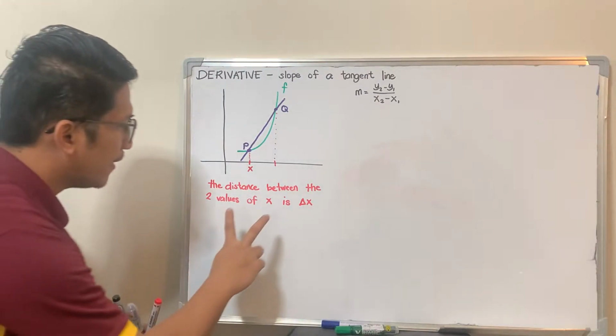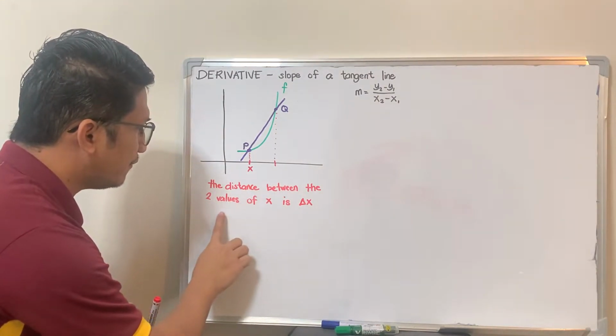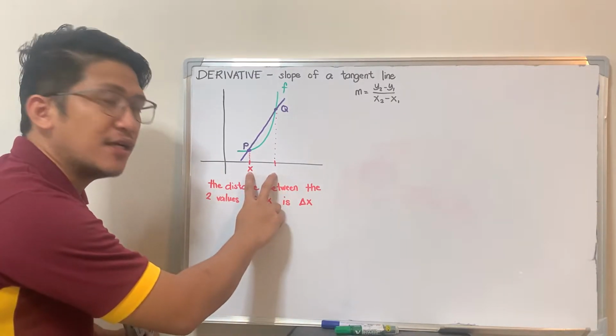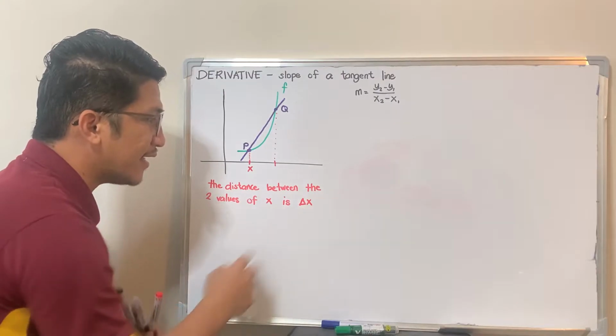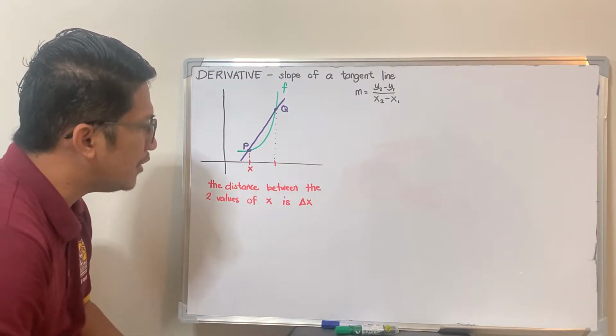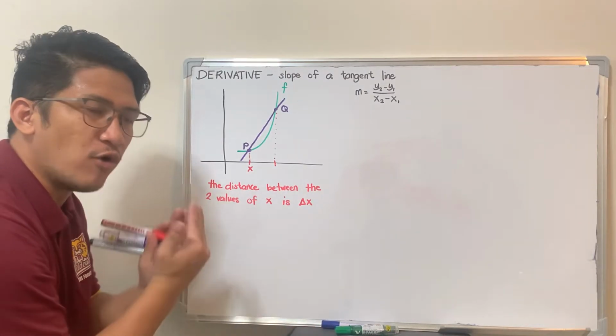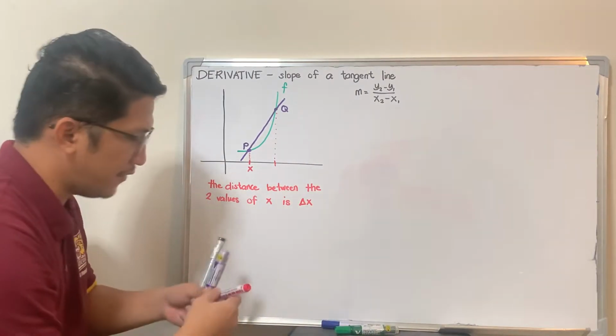Again, the distance between the two values of x is called the delta x. We also consider this as the change in x, meaning a change from one x to another value of x.